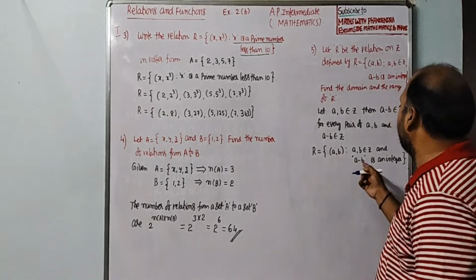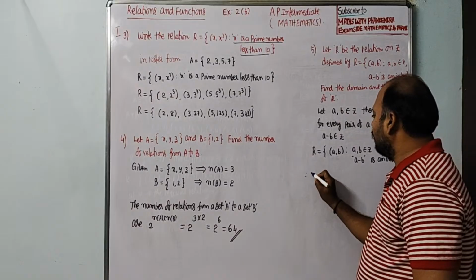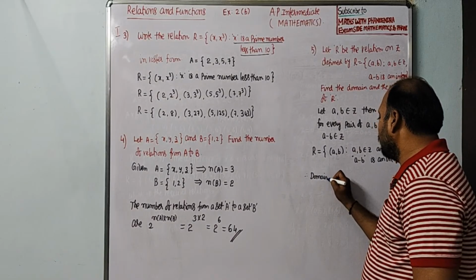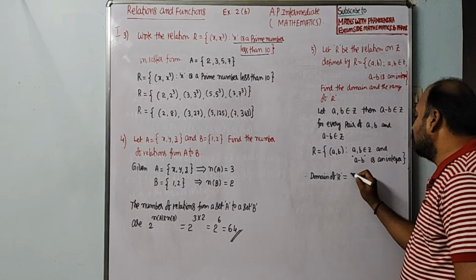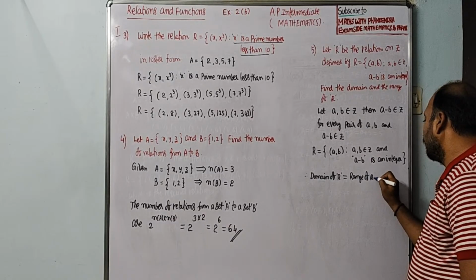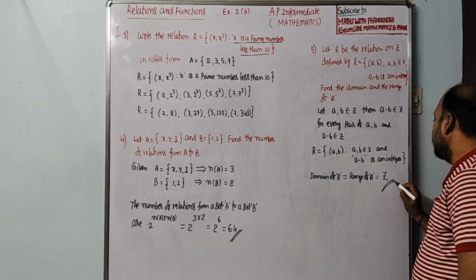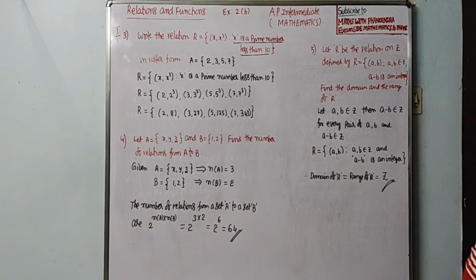So therefore a minus b is also in the relation. Therefore domain of R is equal to range of R is equal to Z. Domain as well as range, both are equal to Z, dear students.